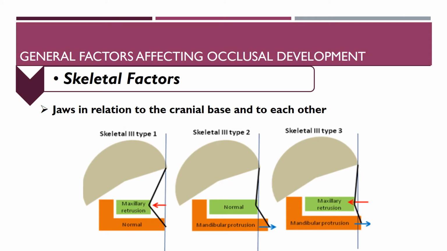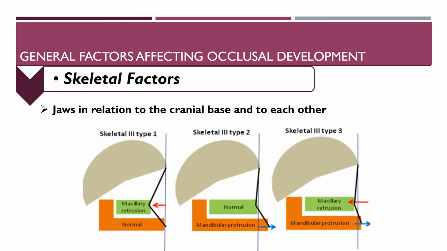while in skeletal pattern 3 type 1, it occurs with one of these three positionings and relationships of the jaws to each other and to the cranial base. As we see here, either it occurs due to maxillary protrusion and normal positioning of the mandible, and this is named skeletal pattern 3 type 1, or normal positioning of the maxilla with mandibular protrusion.